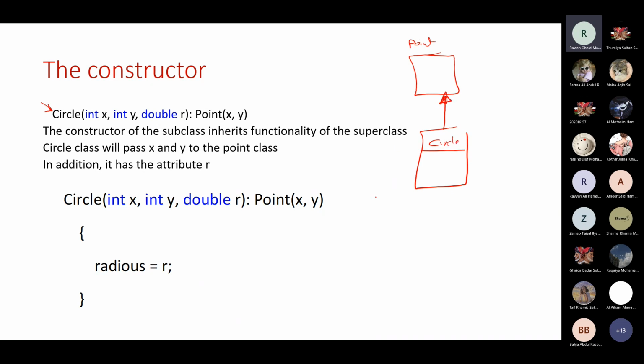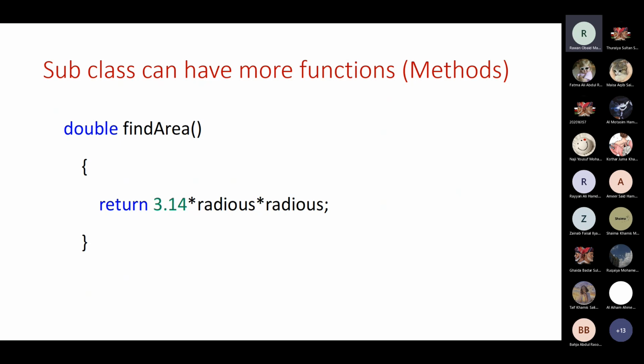Then I pass here X, Y, and R, but actually X and Y do not belong to the circle, so the circle itself will forward them to the point. So this is what we did here in the constructor: integer X, integer Y, double R. R belongs to the circle, but X and Y will be forwarded to the point.